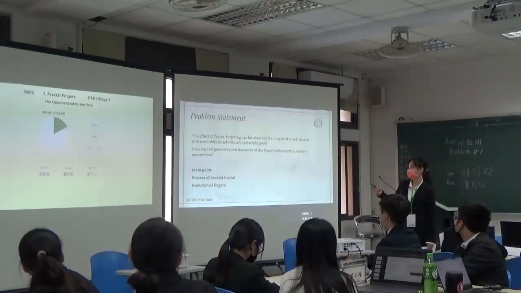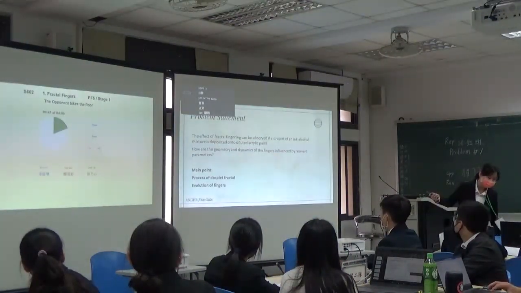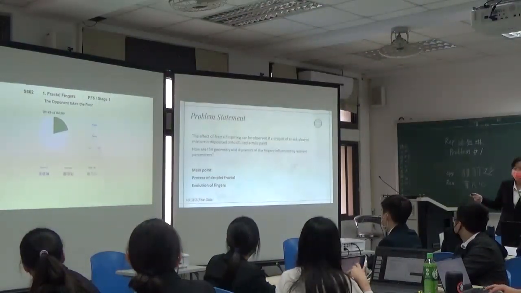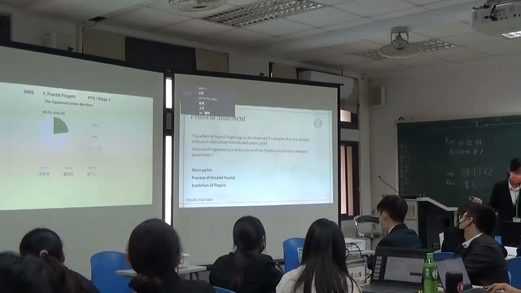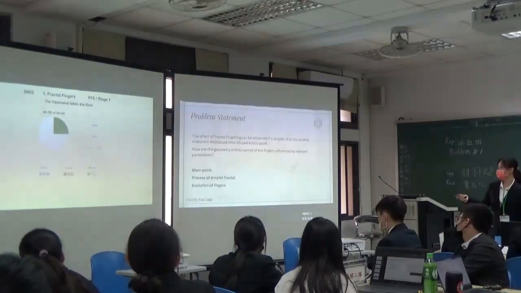The problem told us to investigate how the geometry and dynamics of the fingers are influenced by relevant parameters. And the reporter said that their main point is the process of droplet fractal and the evolution of fingers.